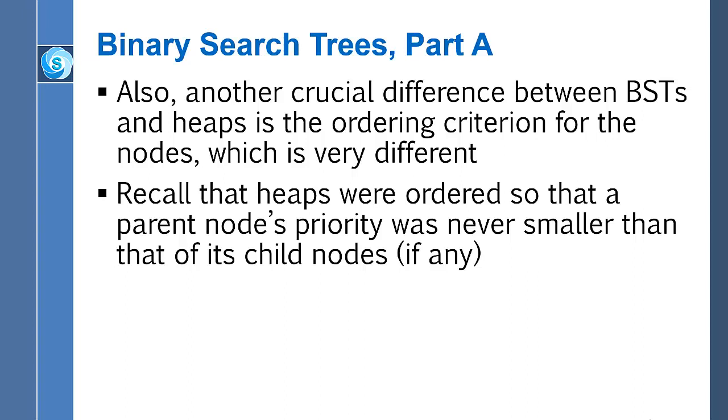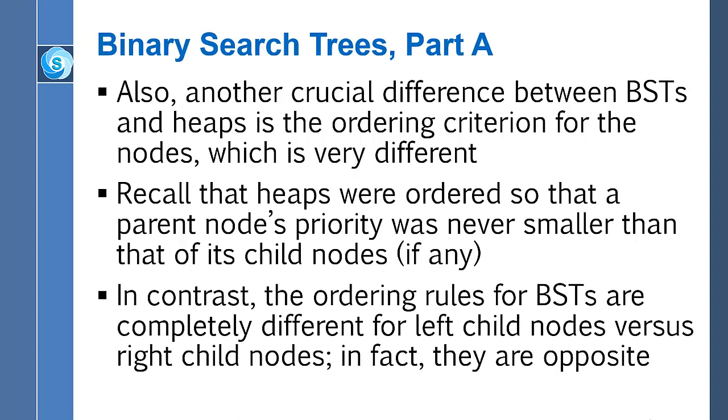But just to remind you, in the case of heaps, we had an ordering criterion imposed that stated that in any parent-child relationship, the parent's value had to be at least as big as the child's value. Okay, and that was true of a left child or a right child. Didn't matter. Okay? All right, now forget about heaps. Never again. Not while we're talking about binary search trees.